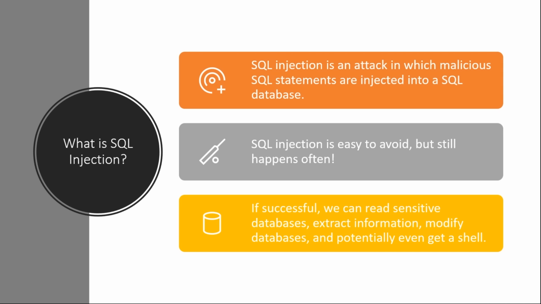These are super easy to avoid, but it still happens very often, and it happens due to poor code. We'll talk about that in the defense section. But if we're successful with a SQL injection attack, we're capable of reading databases, extracting information, modifying databases, and potentially we can even get a shell with this.